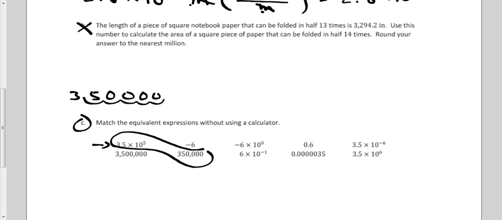To the 0 power. Because how many times am I moving the decimal point? 0 times. Does that make sense to everybody? What is any number to the 0 power? 1. Any number to the 0 power is 1. We learned that in our little day with exponents right before the ACT.